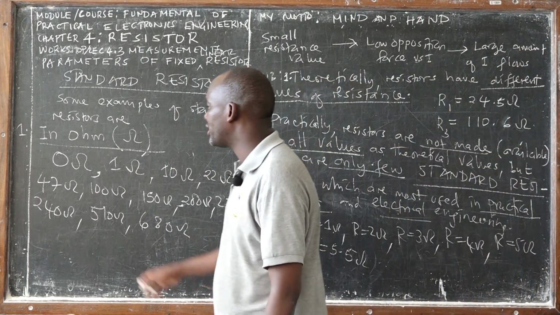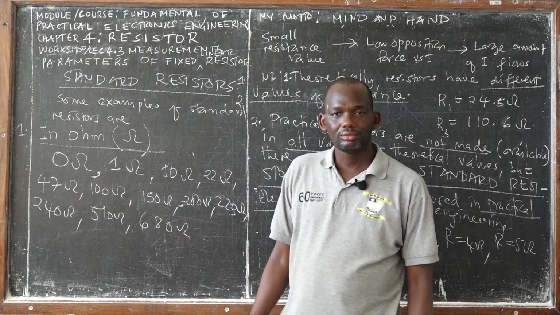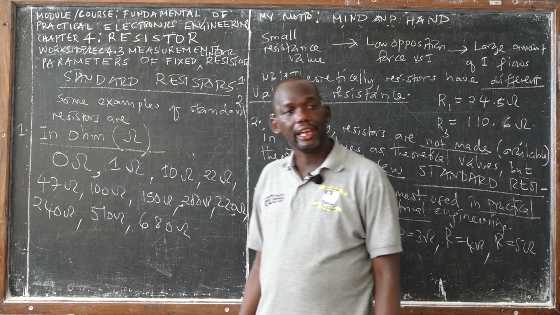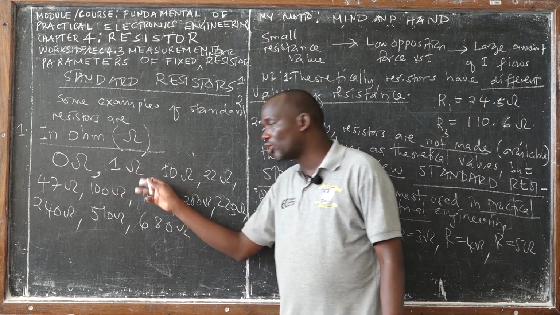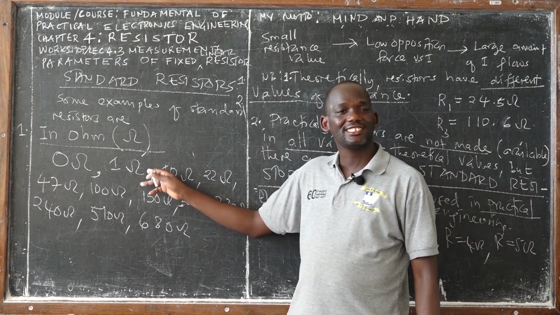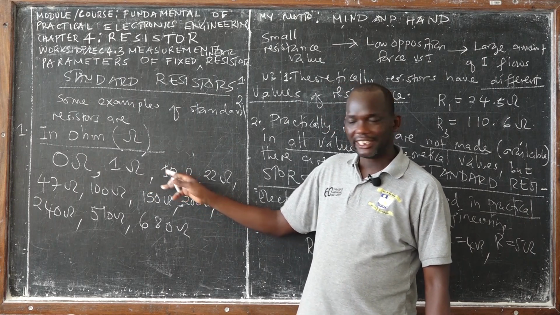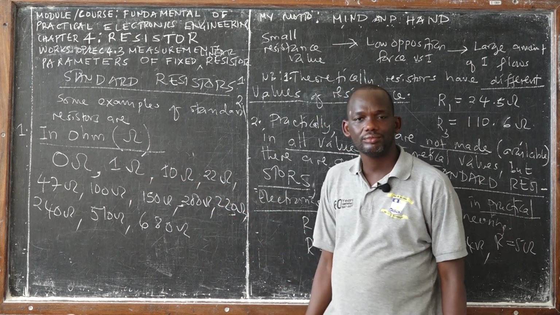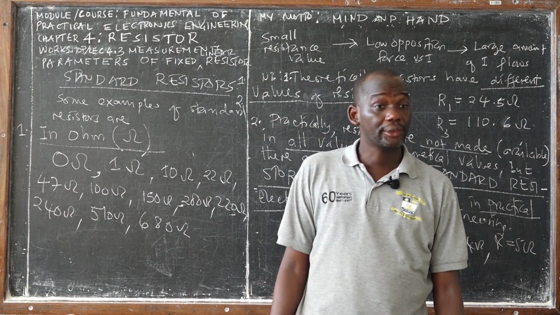Good news, you have a standard resistor of 0 ohm, and also a resistor of 1 ohm. But from 1 ohm, we don't have any standard resistor between 1 and 10. The next standard resistor is 10 ohm. Are you together?